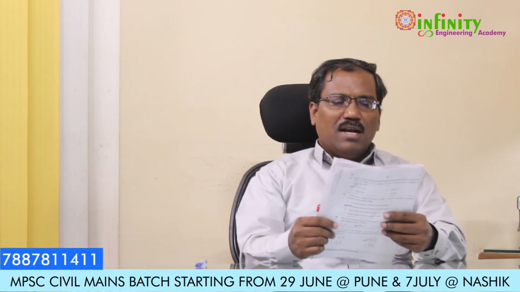The mild steel, nothing but a less percentage of carbon, comes under the low carbon steel, in which the carbon content will be maximum up to 0.25%. So in the mild steel, the carbon content is from 0.15 to 0.3%. So the 4th option is the correct one.